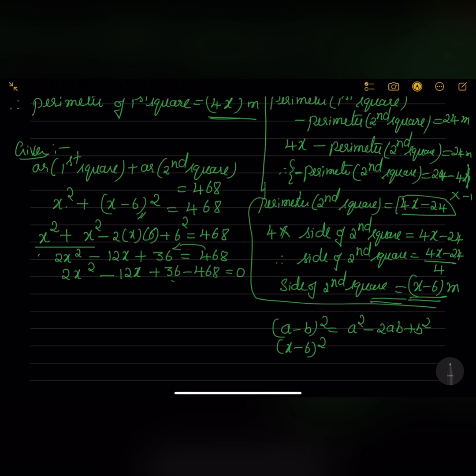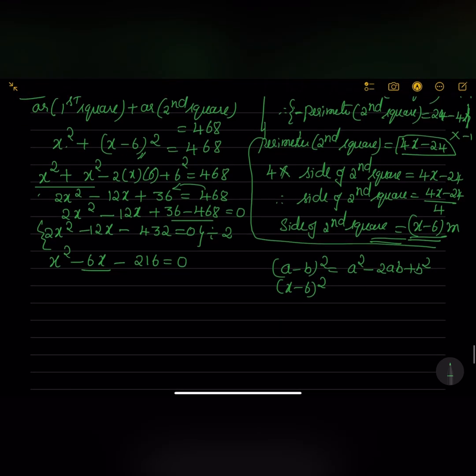If we simplify these terms, we get 2x square minus 12x minus 432 equal to 0. We can divide the whole thing by 2 so that it becomes more simplified. We get x square minus 6x minus 216 equal to 0. So we'll split the middle term.